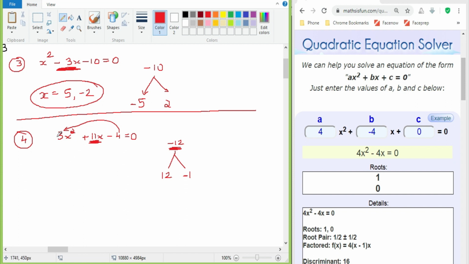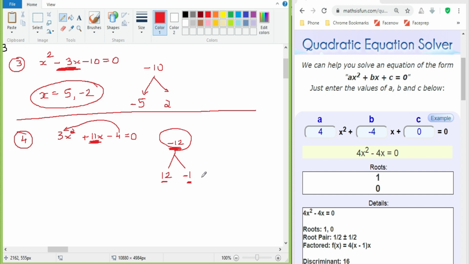Since the coefficient of x square is other than 1, we have to multiply and get the tree value here. Next, in order to get the branch value, first look here, this second value, this b, has a difference of just 1 from this value, so I can directly take the numbers 12 and 1.